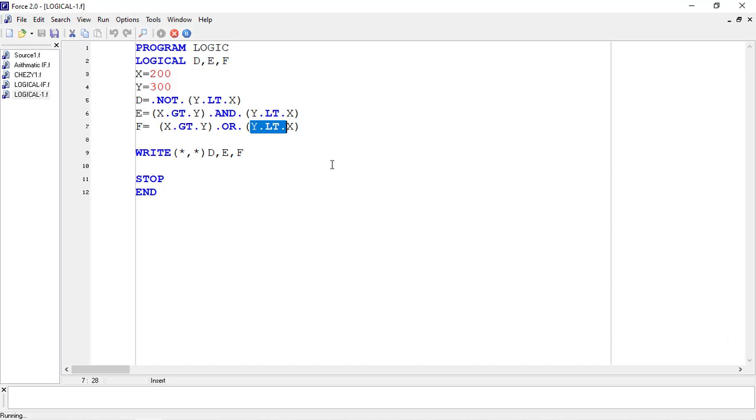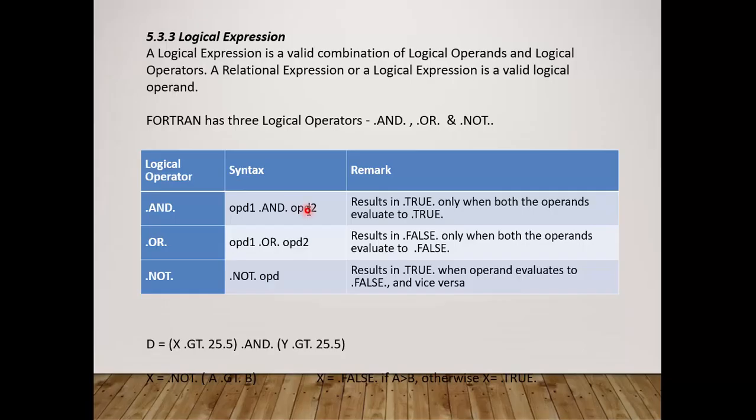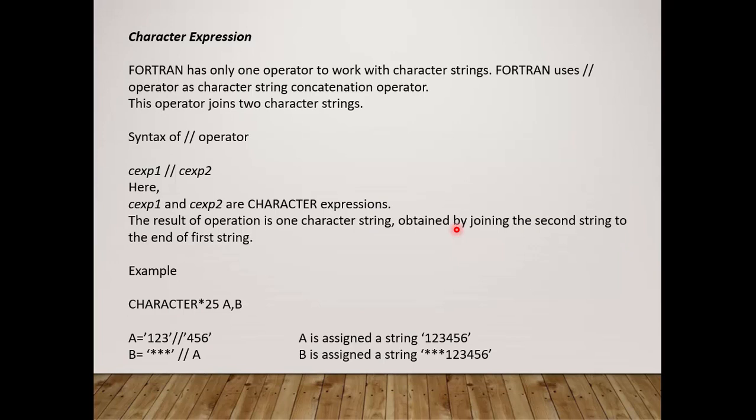So I'll just close it down and we'll go back to the types of expression. The next type of expression is the character expression. We have seen arithmetic, relational, logical, and the last one is the character expression. So what does that mean?